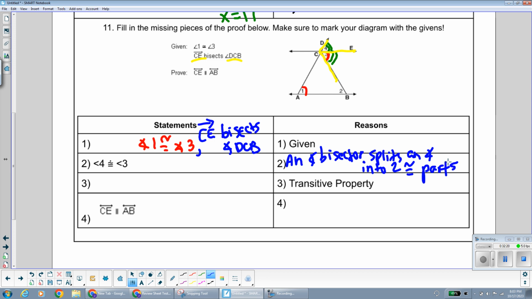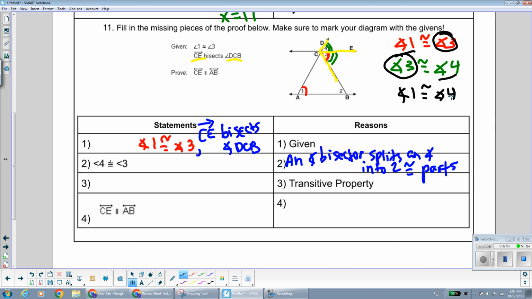So let's take a look at what we can conclude from here. We have angle 1 congruent to angle 3. That was from the given, and now we just showed from the angle bisector that angle 3 was congruent to angle 4. So notice how angle 1 and angle 4 are both congruent to the same angle 3. So that means they're going to have to be congruent to each other. And that's the transitive property.